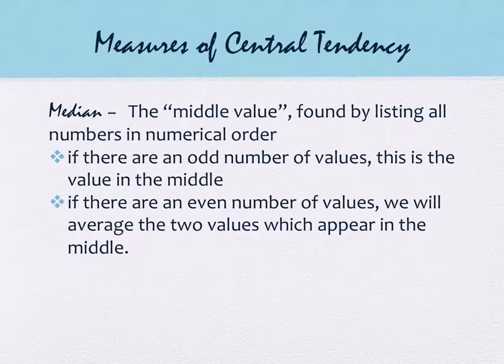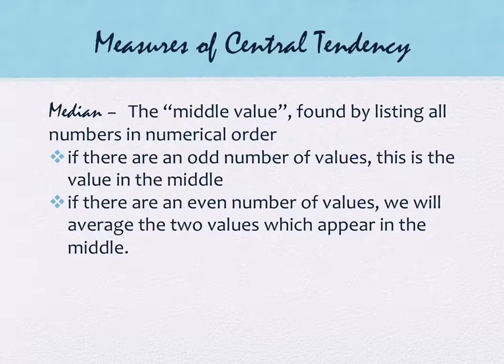If there are an even number of values, there will be two in the middle, and then you would average those two. Right?